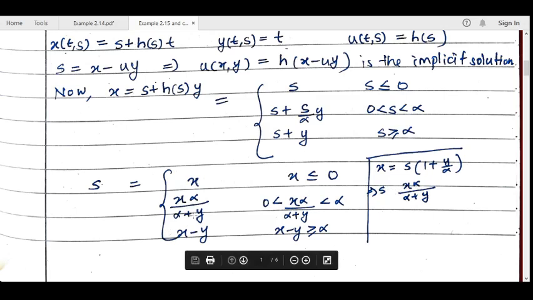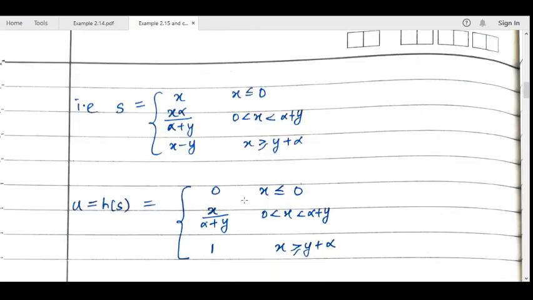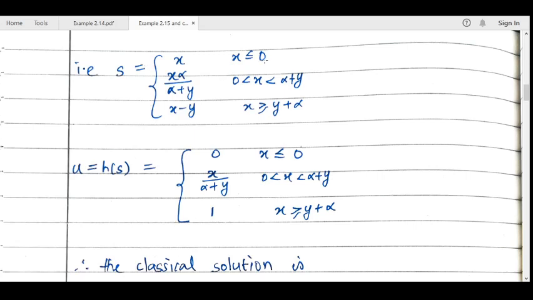So I have substituted here x alpha by (alpha plus y) for 0 less than x alpha by (alpha plus y) less than alpha. And third one is x is equal to s plus y, which implies s is equal to x minus y for x minus y greater than or equal to alpha. So we got s. I can write s in this way. s is equal to x for x less than or equal to 0, x alpha by (alpha plus y) for 0 less than x less than alpha plus y, and x minus y for x greater than or equal to y plus alpha.